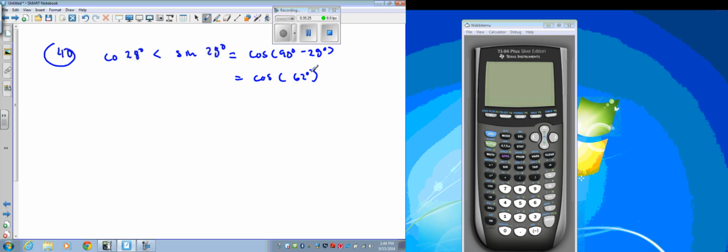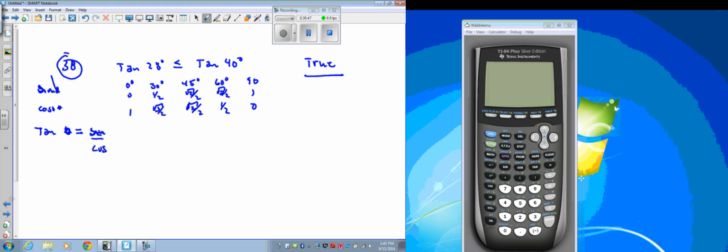Now, in other words, is cosine of 28 degrees less than the cosine of 62 degrees? Well, what do we know? Cosine starts out at 1 and goes to 0, right? As it goes from 0 to 90 degrees. Remember this?